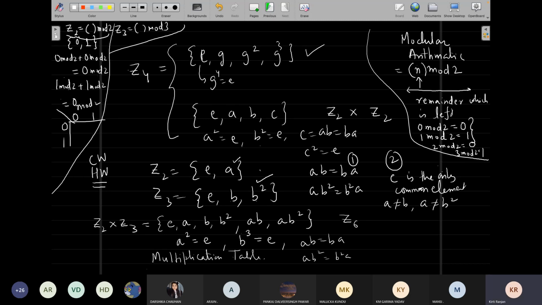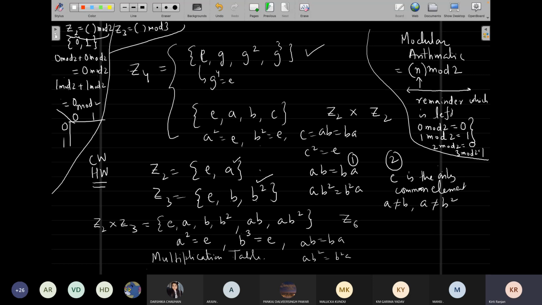Then 13 mod 12 is 1, because 13 divided by 12 leaves remainder 1. 14 mod 12 is 2. So your clocks are based on modular arithmetic, which was invented by the famous Gauss, the same Gauss who came up with the Gaussian distribution.